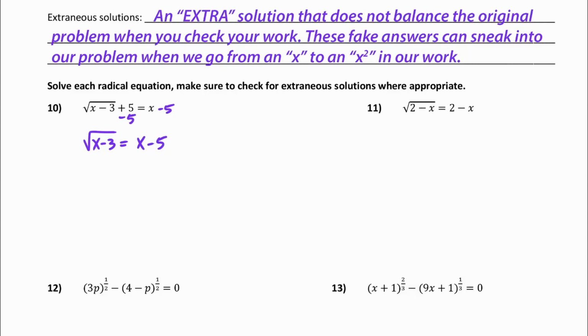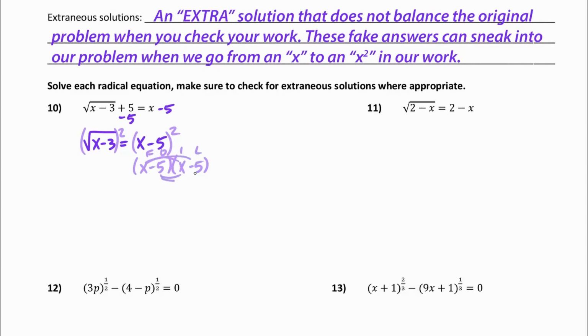Now, just like the front, we're going to go ahead and square the whole left. But that kind of presents an issue on the right because I'm squaring two terms subtracted. And so squaring that group should mean something to you. It should mean that we are taking x minus 5 times its twin, x minus 5, and there's a four-letter F word that hopefully you are keeping in mind, an appropriate four-letter F word.